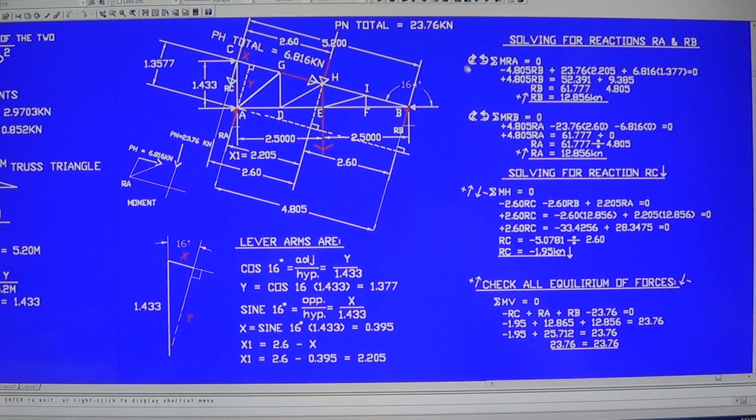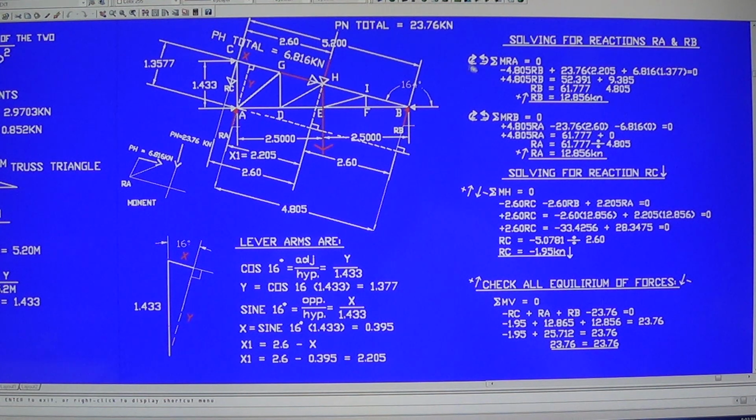Here I assign the clockwise rotation as positive and the counterclockwise as negative. Here are the two loads we're going to consider when you take a moment at A: the horizontal and vertical components. This is the gravity load, and then we resolve it into two components.